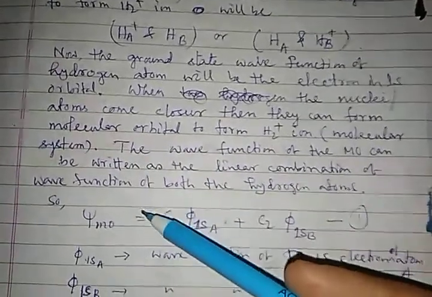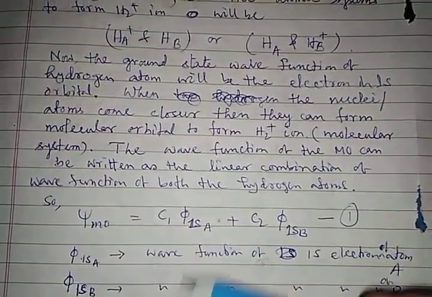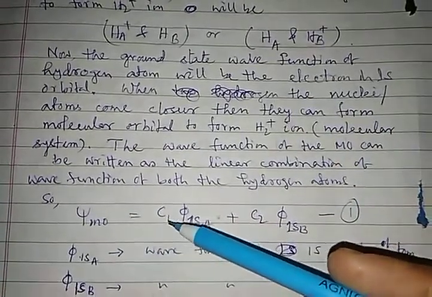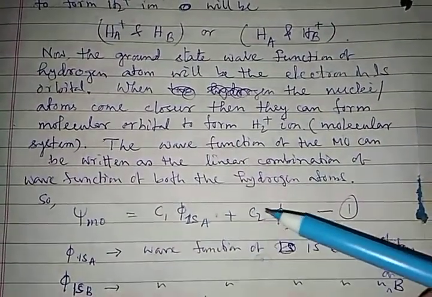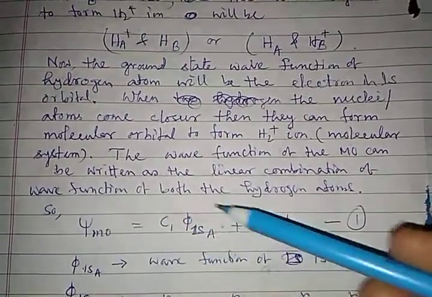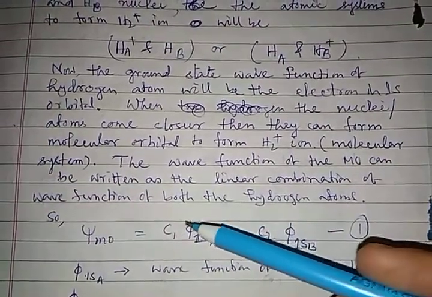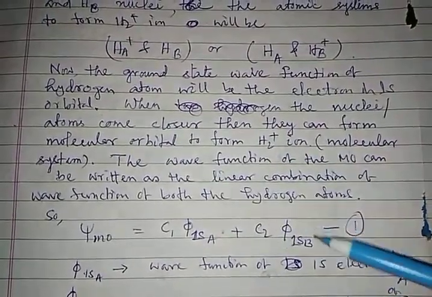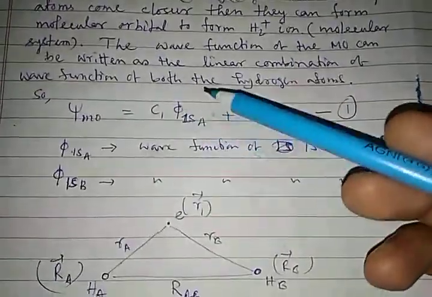So the molecular orbital wave function will be the linear combination of the two 1s orbitals of hydrogen atom A and hydrogen atom B. This can be represented as psi MO equals C1 phi 1sA plus C2 phi 1sB. Here phi 1sA and phi 1sB are the 1s orbital wave functions of hydrogen A and hydrogen B.